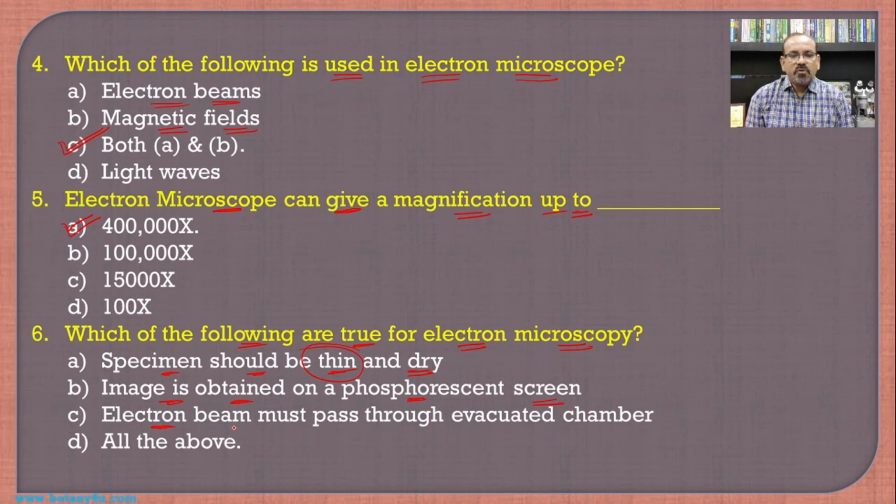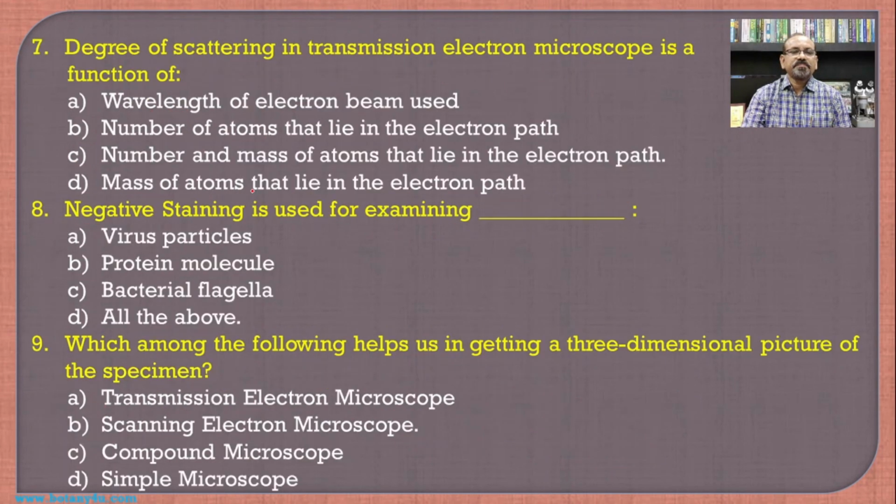Then the electron beam must pass through the evacuated chamber, that is the vacuum chamber. So all these three are correct statements with respect to the electron microscope, and hence all the above becomes the answer for this question.